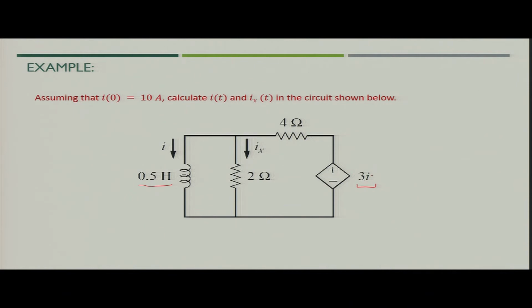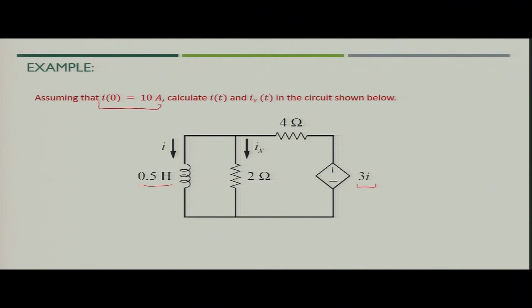The voltage source value given in the circuit is 3I, so the current component depends upon the current flowing through the inductor.